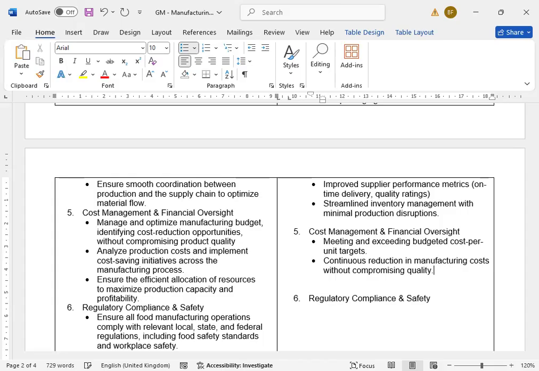Okay, achievement of cost savings from waste reduction and process optimization.